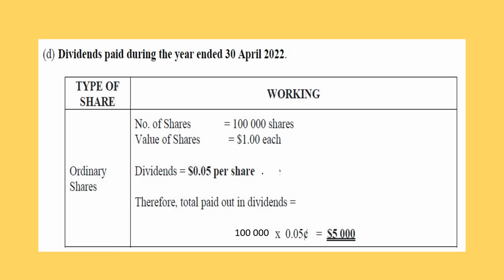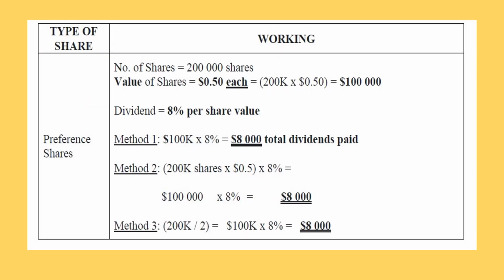Let's take a look at the preference shares information for you. Number of shares 200,000. Value of each share is 50 cents, and dividend is 8% per share value because they are 8% preference shares. Now the 8% is not on the number of shares but on the value of the shares.